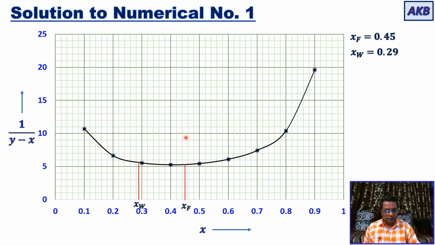So 0.29 is over here. Okay, so we need to measure this area, the area that lies within this region. Now what I will do is count the number of small squares, small blocks, you can say. I'm showing you the small block.